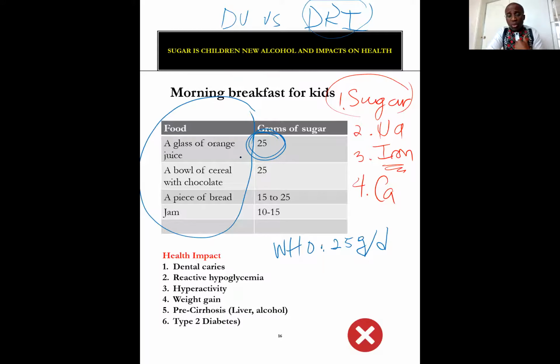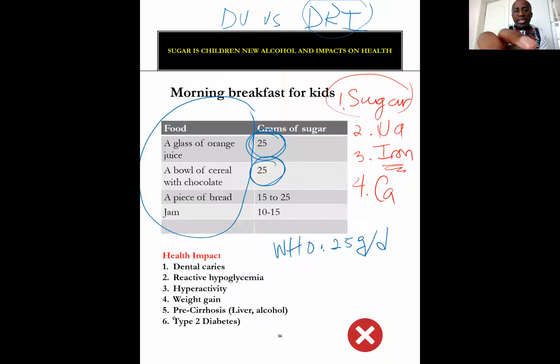Remember that in chapter 1, we said that we have to eat for nutrition reasons. We have to eat for health. So we have to be very, very careful. A bowl of cereal with chocolate is already 25 grams of sugar. From the statistics that I have, we have to be careful.